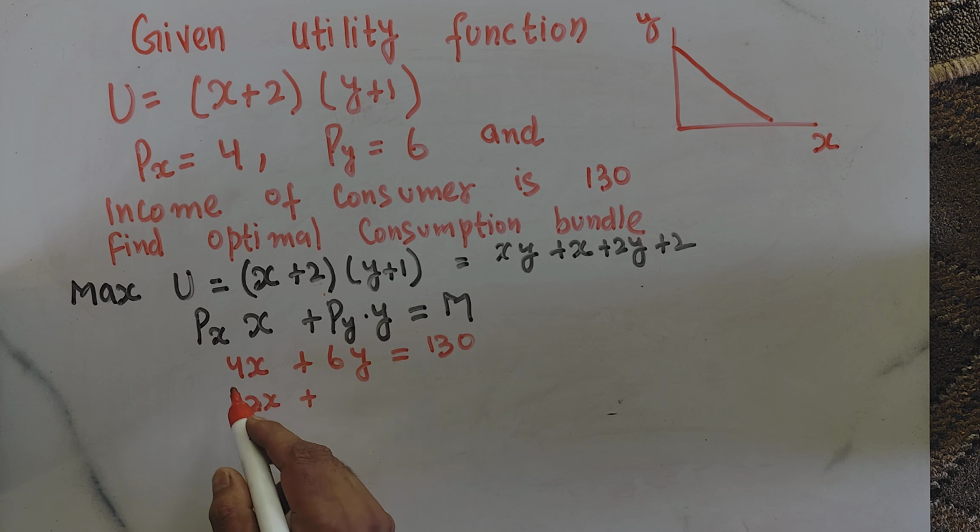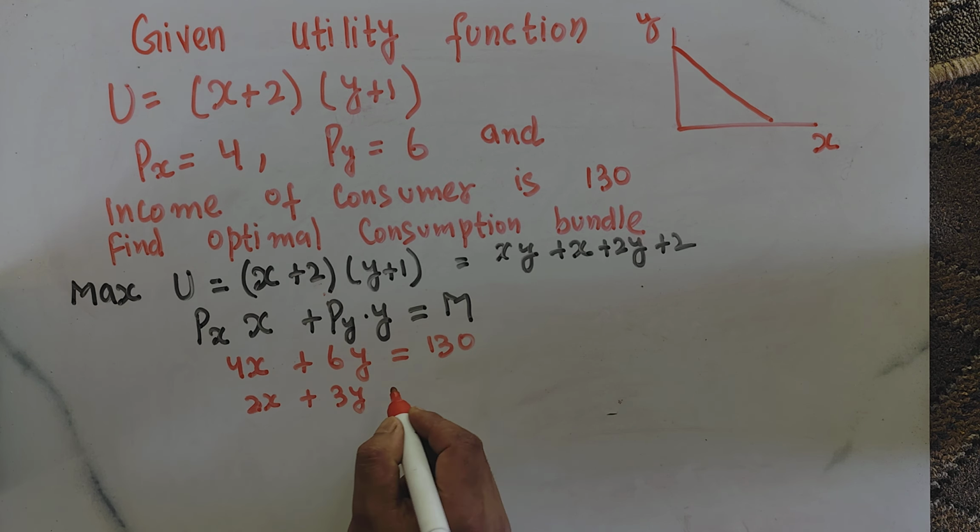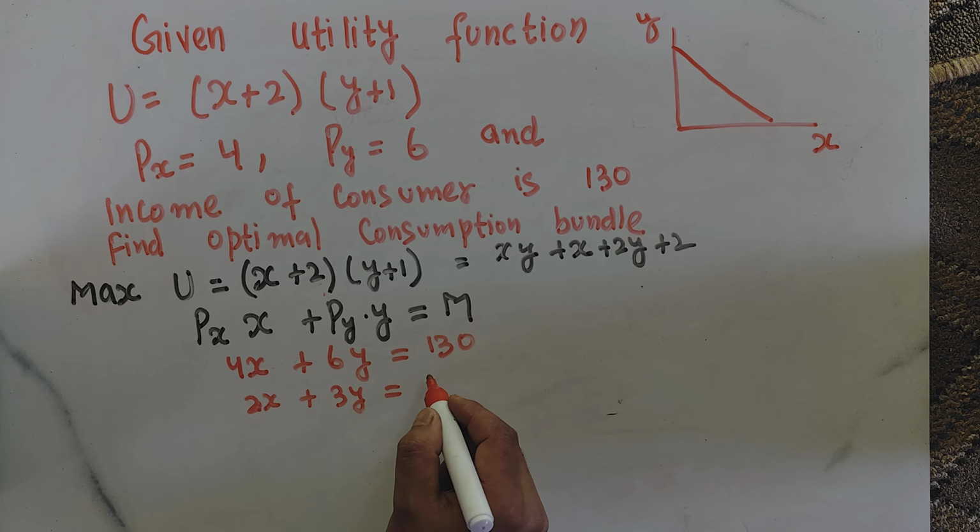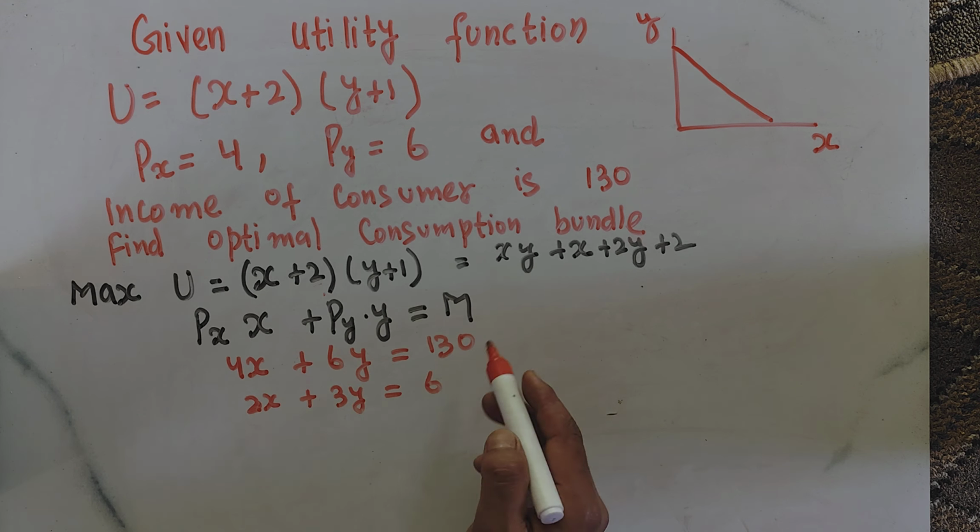Dividing both sides by 2, we get 2x + 3y = 65.